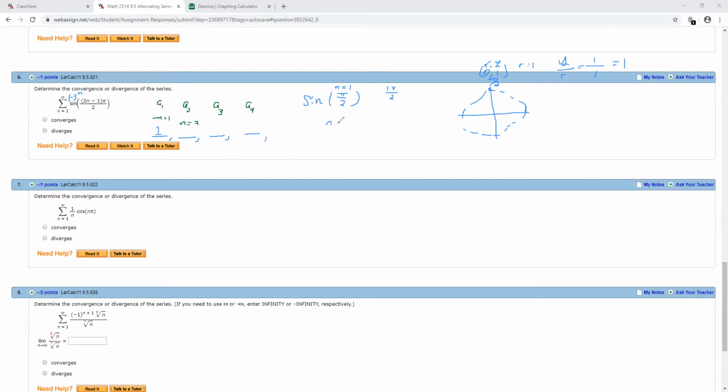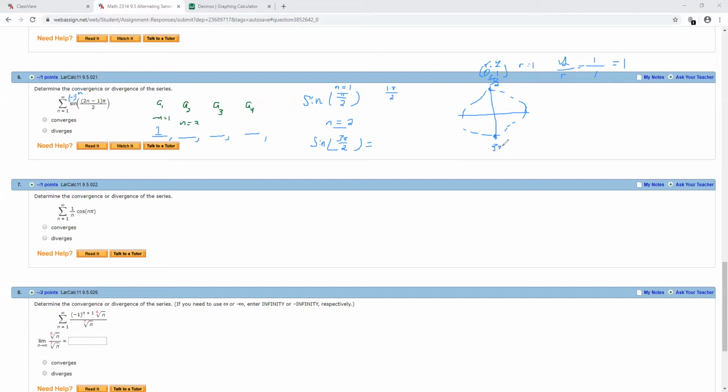At n equals 2, we plug it in. And let's see, 2 times 2 is 4. 4 minus 1 is 3. So we get 3 pi over what? 2. 3 pi over 2. Now what does that equal to? Well, down here is 3 pi over 2.